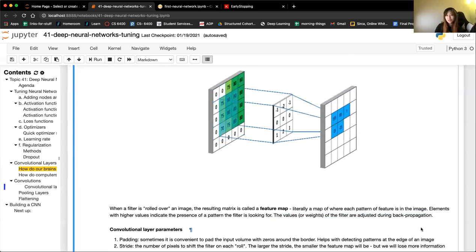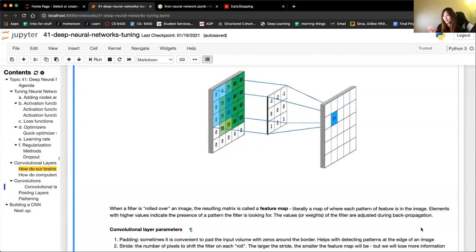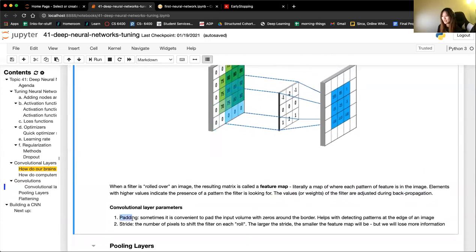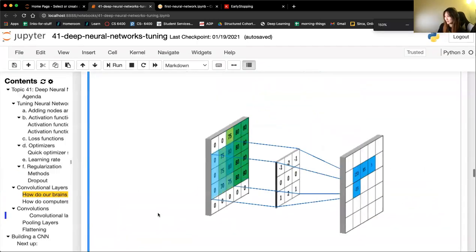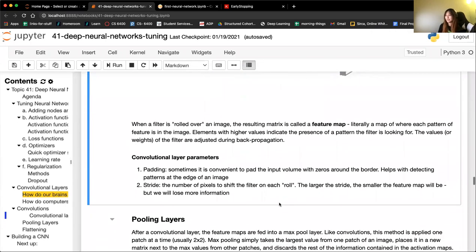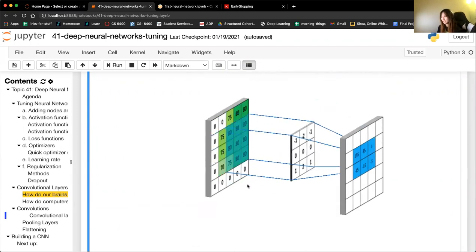Now there are also some things to think about when defining your convolutional layers, and two of the main things that you decide on are padding and stride. Sorry, this is pretty small, so let me zoom in. With padding, sometimes it's convenient to pad the input volume with zeros around the border, which helps with detecting patterns at the edge of an image. Padding is literally what's happening here.